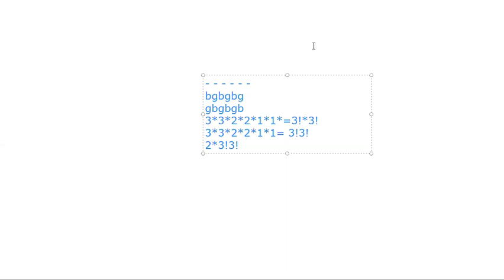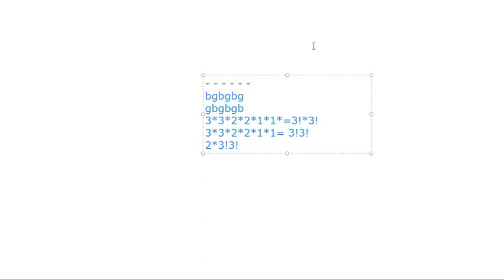Sir, 3 into 2 factorial into 3 factorial. No, just check it out. 4 factorial, sir. 4 factorial. You didn't complete it. 4 factorial ways.